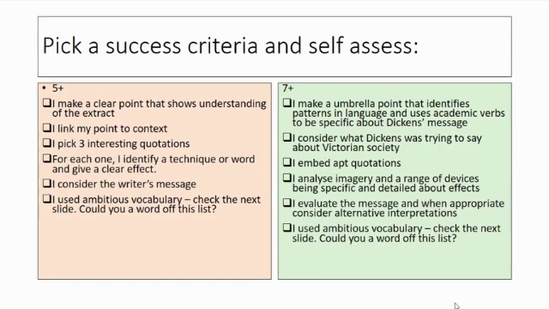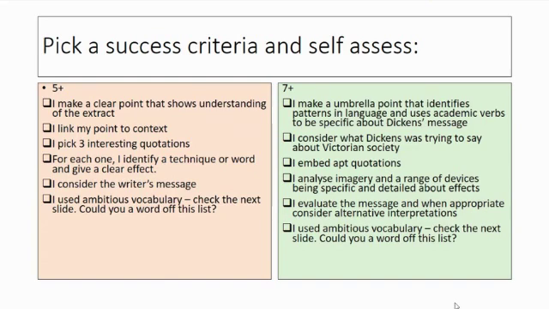Okay, so if you're aiming for a grade 7 or above, you need to make an umbrella point that identifies patterns in language like the semantic field we discussed and uses academic verbs to be specific about Dickens's message. You need to consider what Dickens is trying to tell us about Victorian society, so don't just link your point to context saying this was going on. Actually say, well, this is what was going on and Dickens felt this way, so the text is designed to make us feel this way about it.